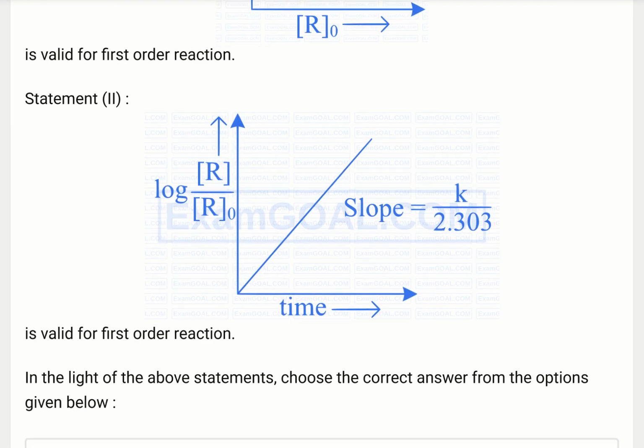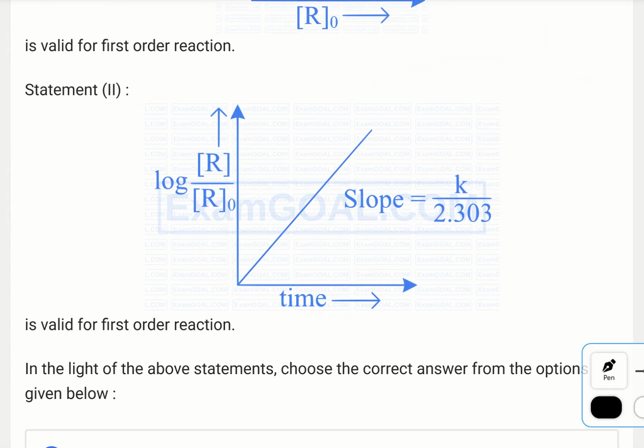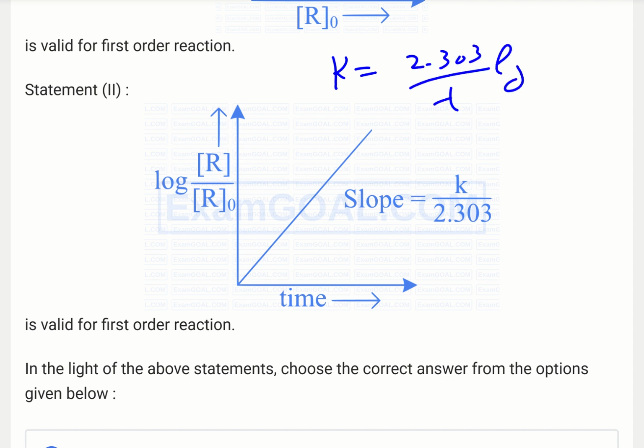Next, the plot of log R and slope is valid for the first order reaction. Let us find. K is equal to 2.303 upon t, log of R naught upon R. So I have to draw a graph of log R and time.